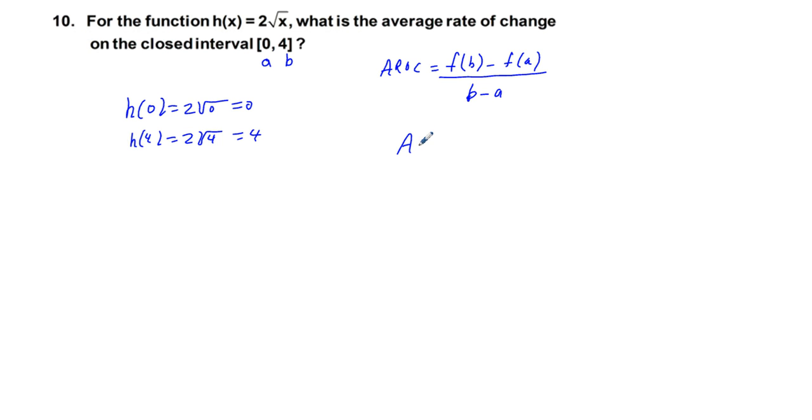So the average rate of change is going to be equal to f of b minus f of a over b minus a, which equals 1. So that's our value of the average rate of change, 1.